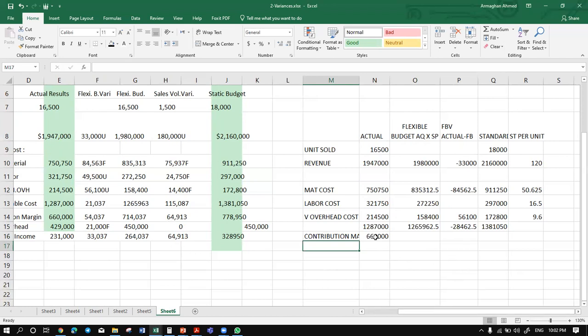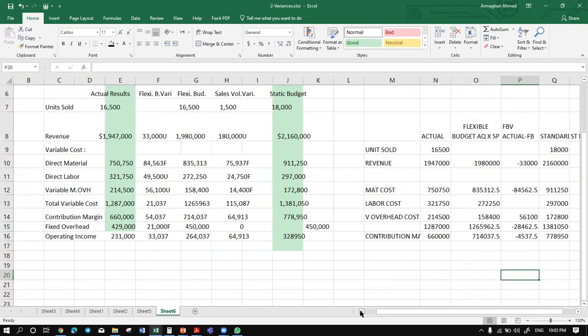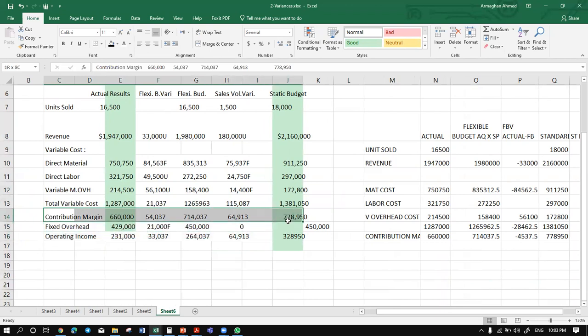Let me copy all these values here. These are the contribution margin values we got. Additionally, they have given total variable manufacturing overhead, total variable cost, and contribution margin. This is what we have done.